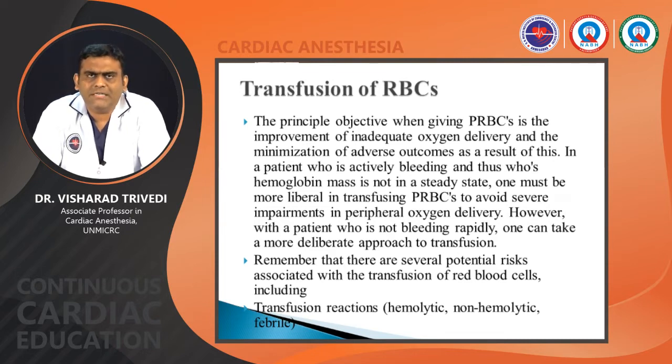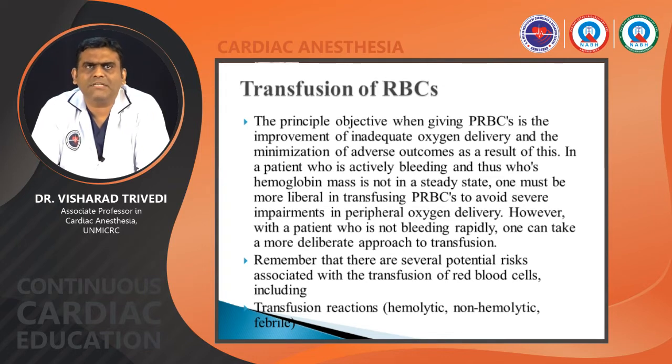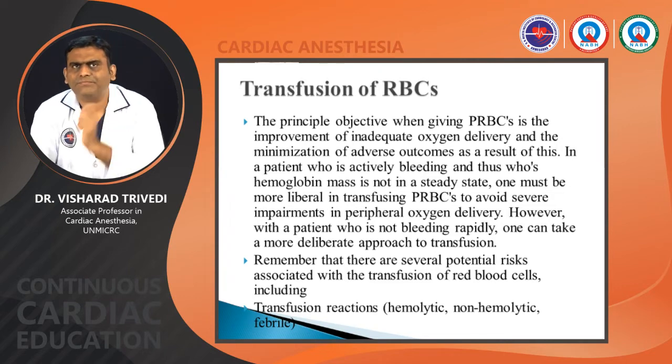So it depends on the patient's hemodynamic condition and status, because RBCs or PCVs also have a very wide range of adverse reactions like transfusion reactions, infection, immunosuppression, and other disadvantages like volume overload and hemolytic reactions.